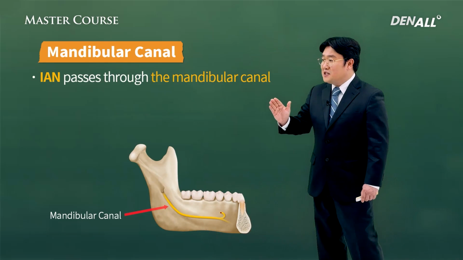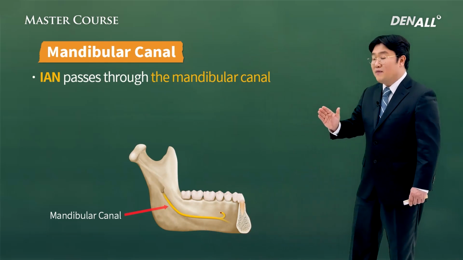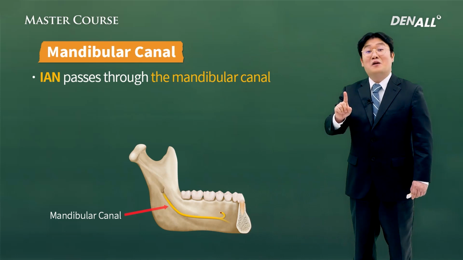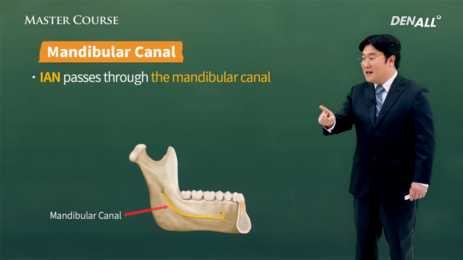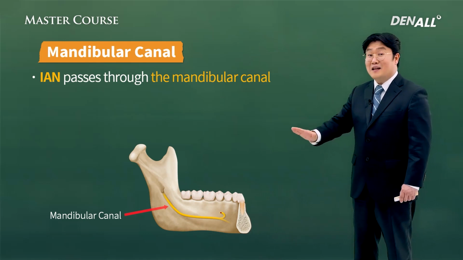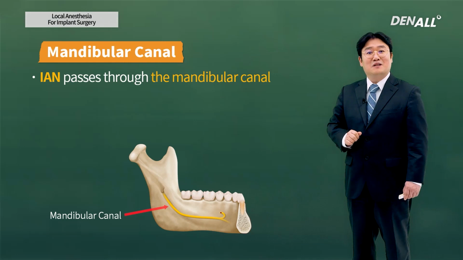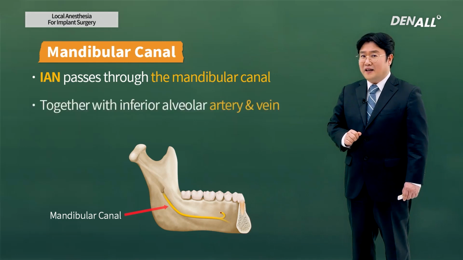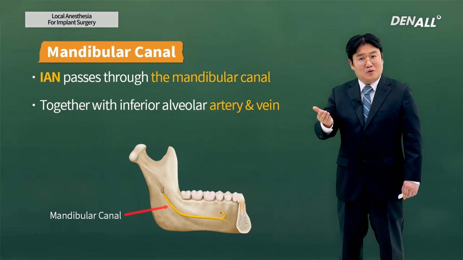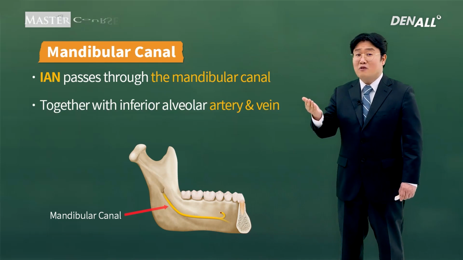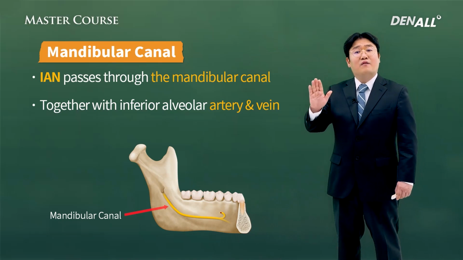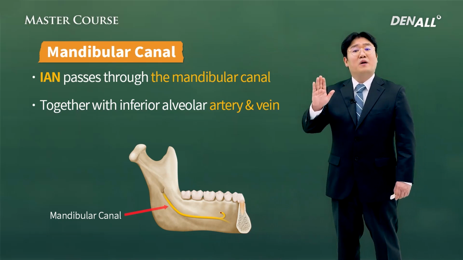As implants go into the area with missing teeth, the inferior alveolar nerve goes into the lingual mandibular foramen, passes through the mandibular canal, and comes out from the buccal mental foramen. By the way, nerves run together with an artery and vein generally, so the inferior alveolar nerve runs with the inferior alveolar artery and vein.